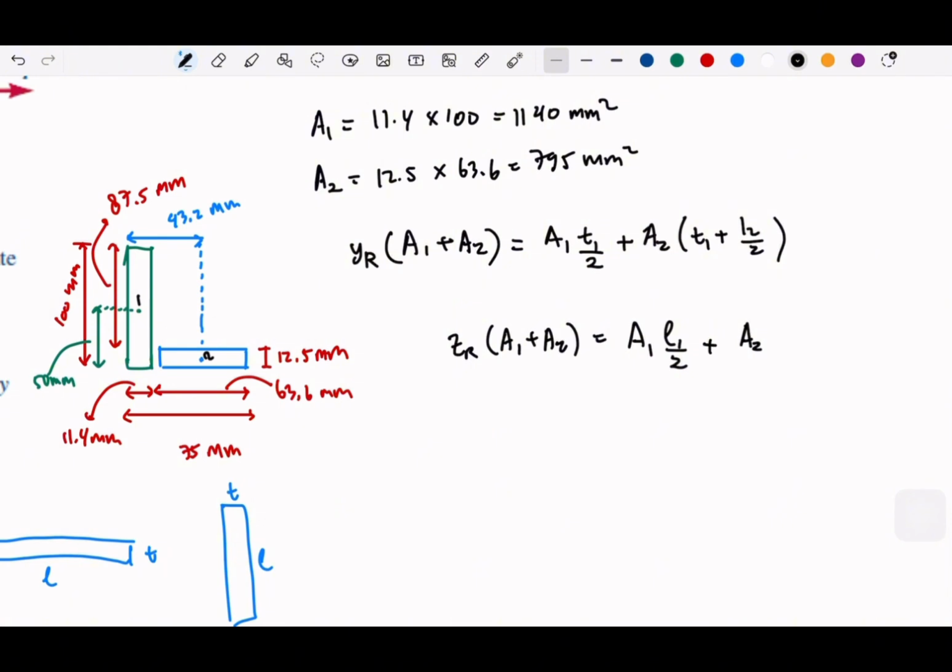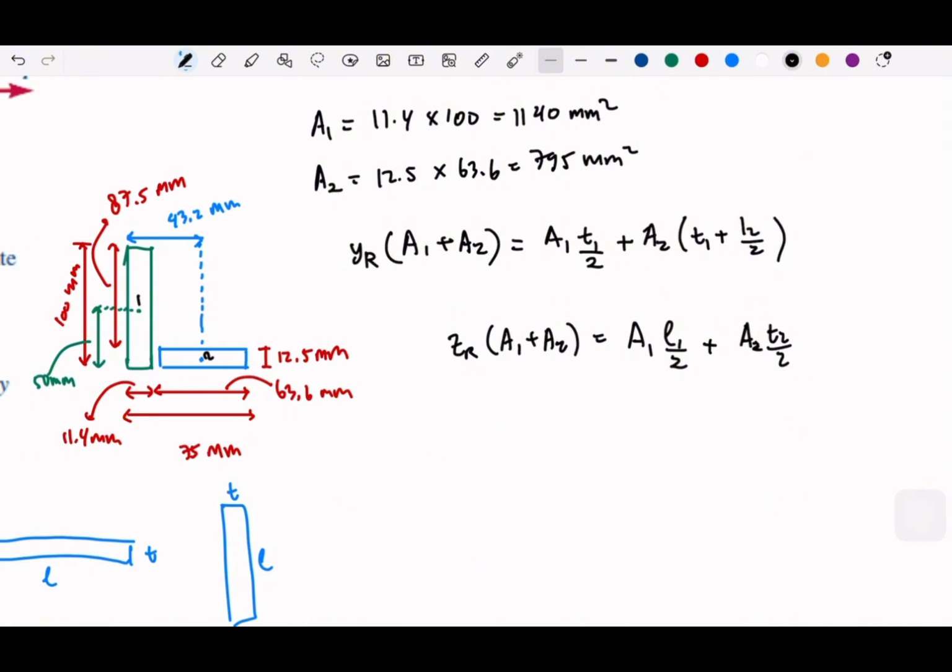Now for the second part, we only have the area 2, which is only this. Remember, for the first part, since the second shape needed this distance, we need to add this one. But since this is from the ground, we need to go up. Okay. So we only need to multiply this with the T2 over 2. Okay.